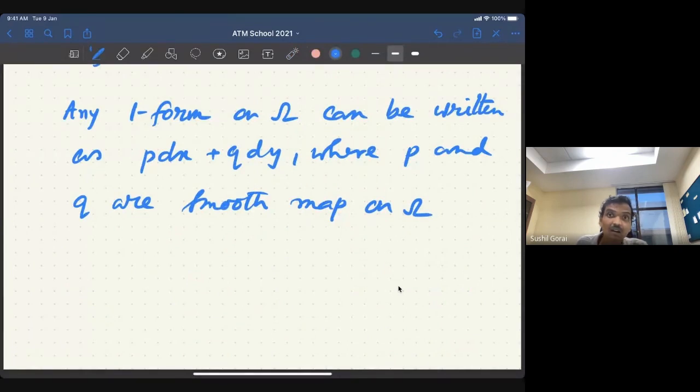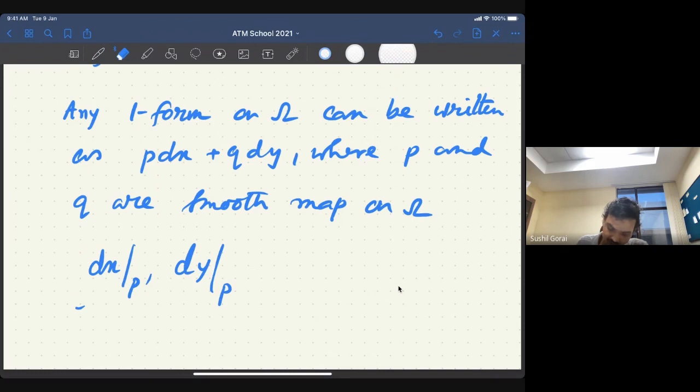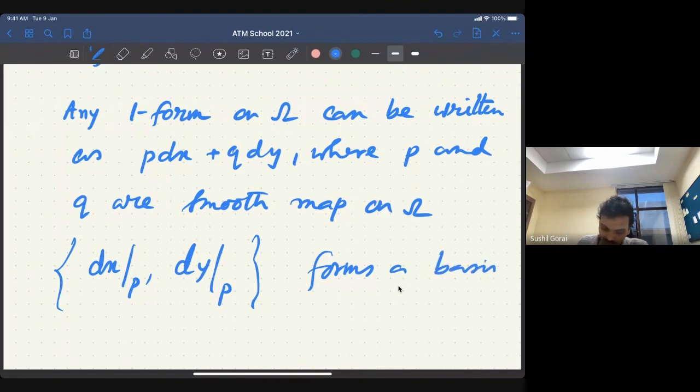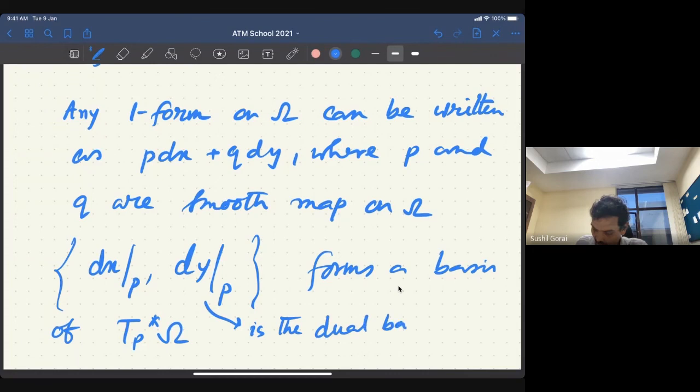So dx at p, dy at p forms a basis of the cotangent space at p, and this is the dual basis to del by del x at p, del by del y at p, right?